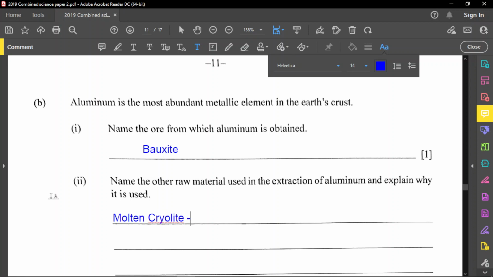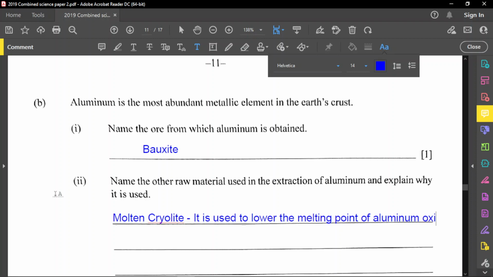And why it is used is simple. It is used to lower the melting point of aluminum oxide, as a matter of fact.